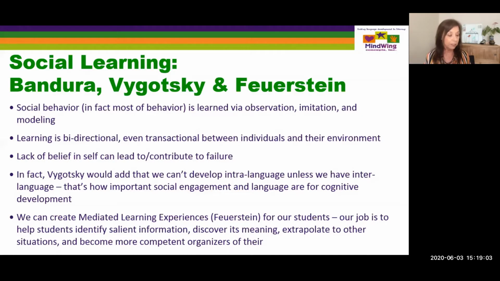He believed in a transactional system of learning, that it isn't unidirectional, but between individuals and environment, and observation, imitation and modeling build that understanding of what's happening in our social lives. In a few slides, we'll look at the problems if we're working with students on the autism spectrum. Is this happening for them in the same way?